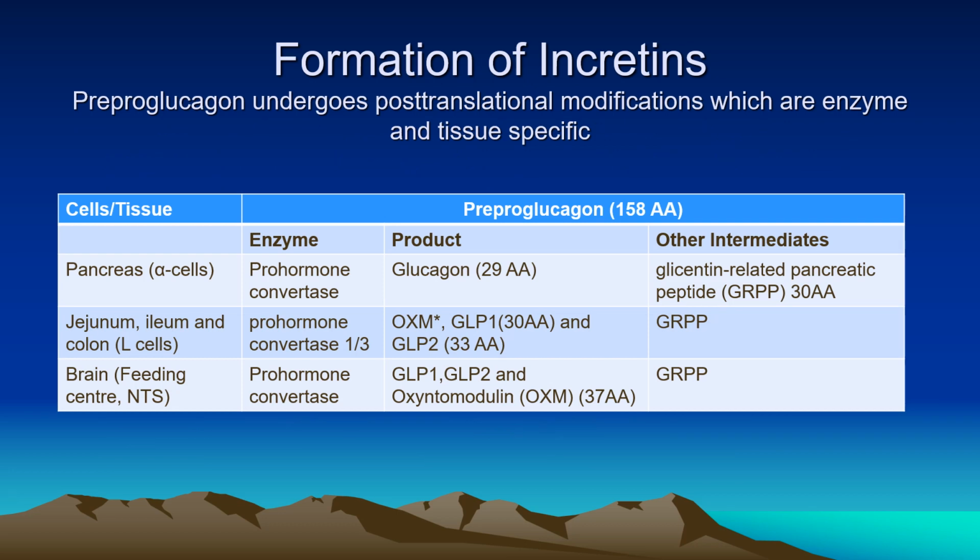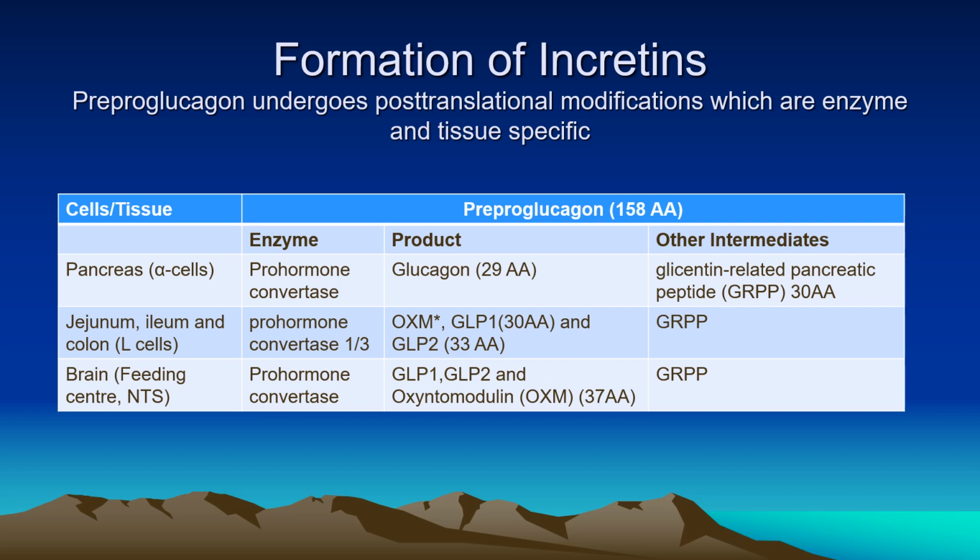Now, formation of incretins occurs from a larger molecule of 158 amino acids called pre-pro-glucagon, and it undergoes post-translational modifications in a tissue-specific manner. For example, in pancreatic alpha cells, prohormone convertase converts this into glucagon, which is 29 amino acids, and the remaining portion is glicentin-related pancreatic peptide or GRPP.